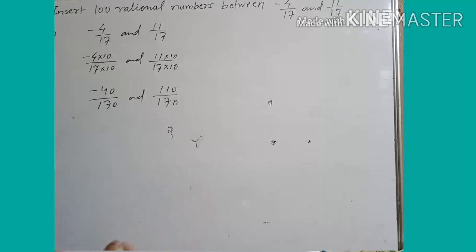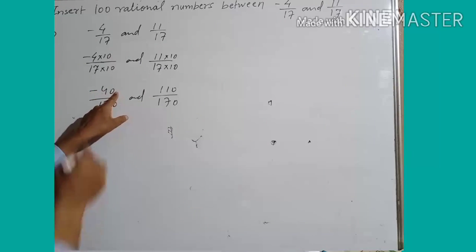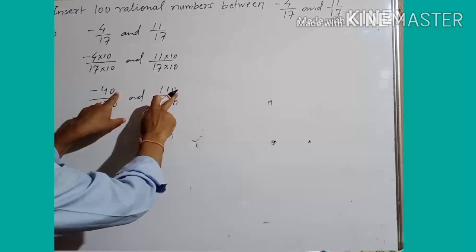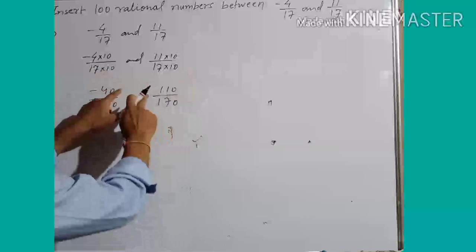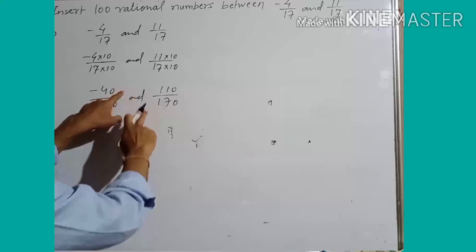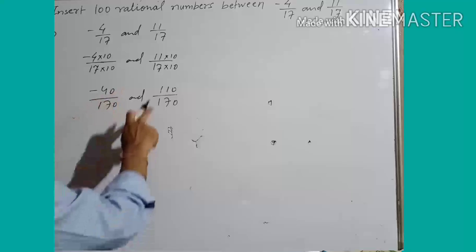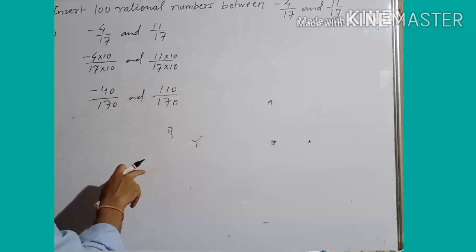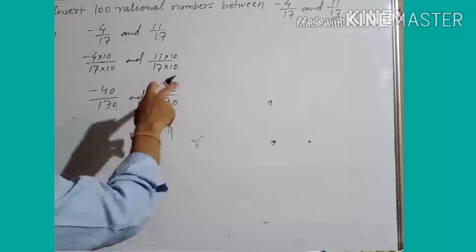Now, it is very easy to find the 100 rational numbers. Where is minus 40? Minus 39 up to 109, you already got here. How should you count here? 1 upon 170, 2 upon 170. Like this, you will write up to 100.